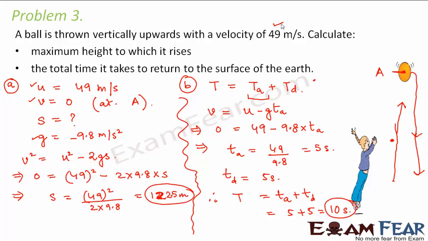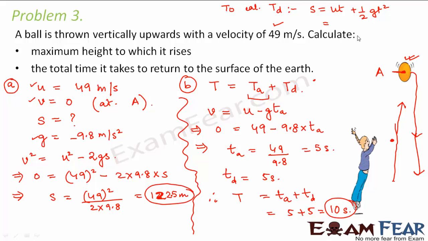You can make use of the second equation of motion. So I will do it here. To calculate time of descent, we can make use of this equation. s is equal to ut plus half gt square. So here g will be plus because now the object is falling down, right? So the g will be positive. So in this case, now in this motion, the initial velocity will be the velocity at this point, right?